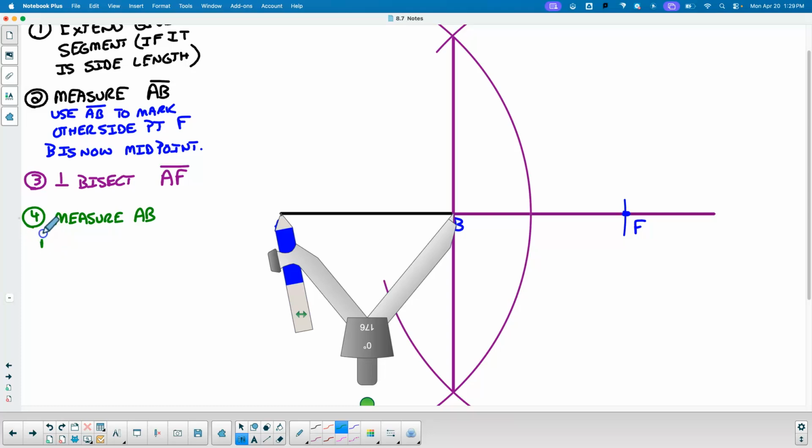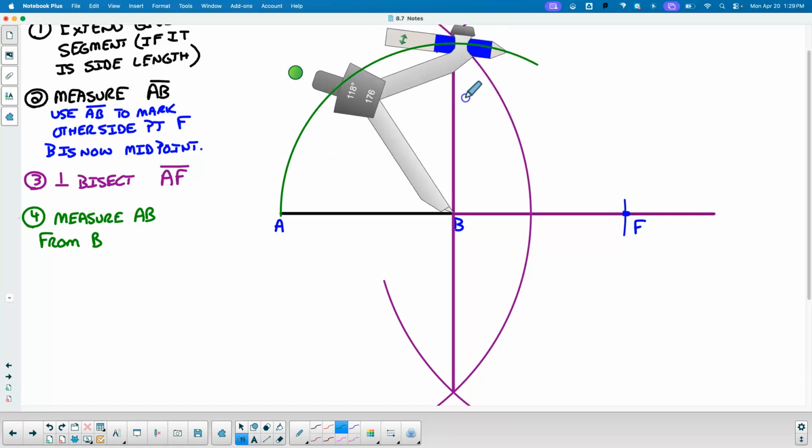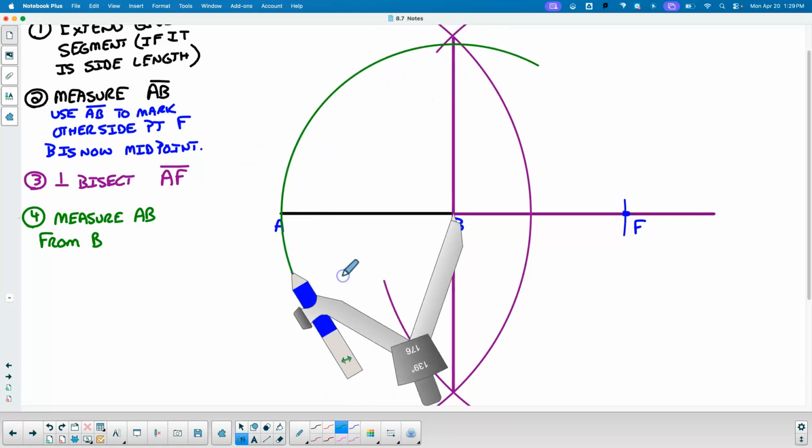And from point B, I'm going to swoosh my entire square.